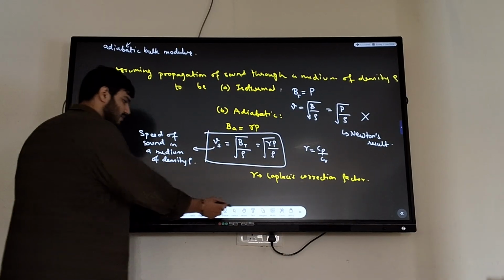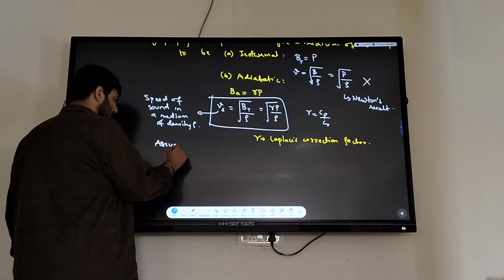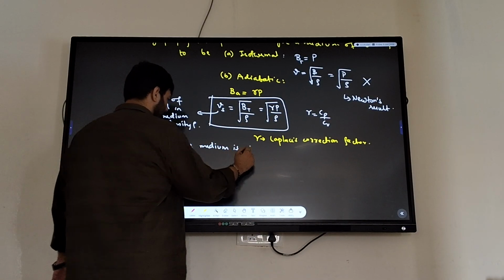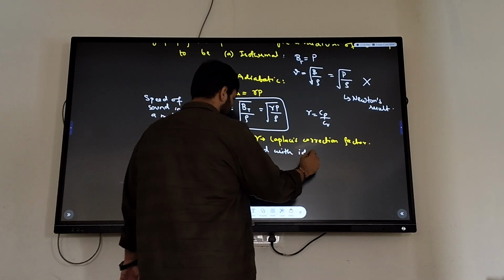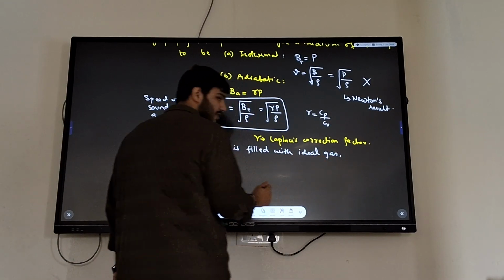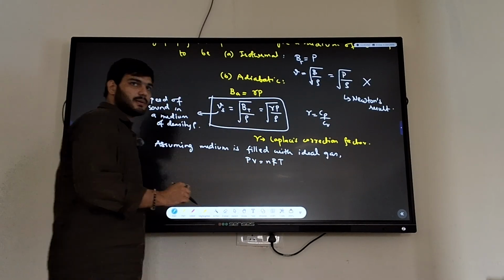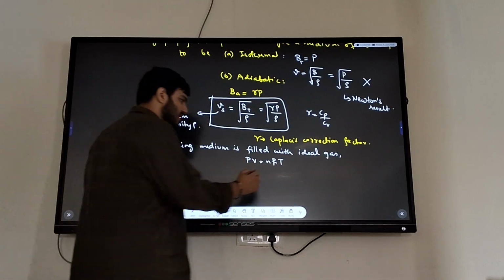Only then you can follow it. So, assuming the medium is filled with ideal gas, then what do you get? You will get PV equal to nRT, but n, the number of moles, can be written as mass by molar mass.